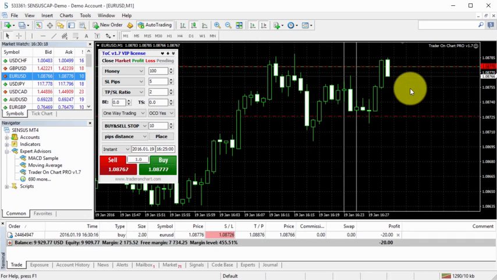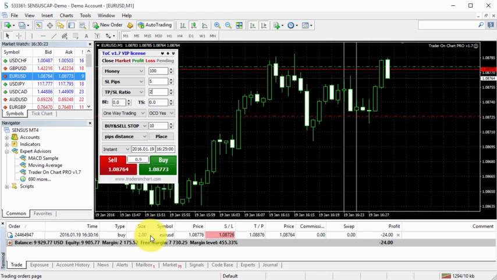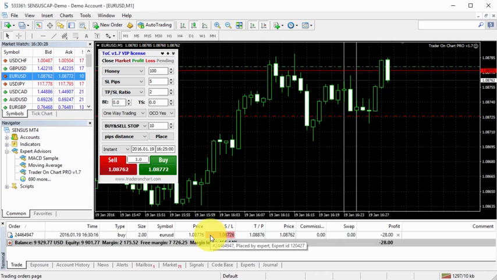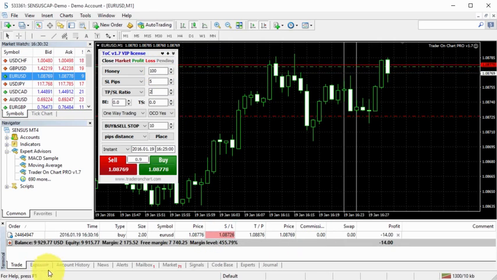And now it chose to have a lot size of 2, and this means that if my stop loss of 5 pips gets hit, the trade should lose approximately $100.